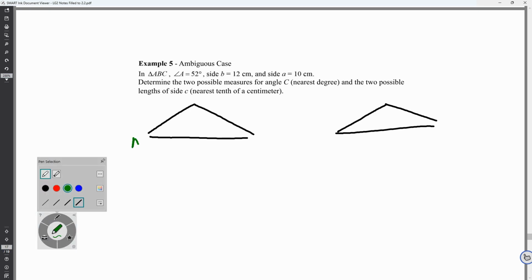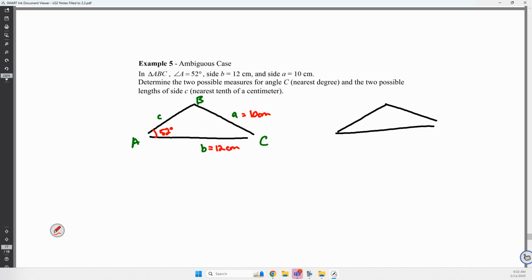So if I fill everything in, A, B, B, C, C, fill everything out. So I know this is 52 degrees. I know that A is equal to 10 centimeters, and I know that side length B is equal to 12 centimeters. Okay.